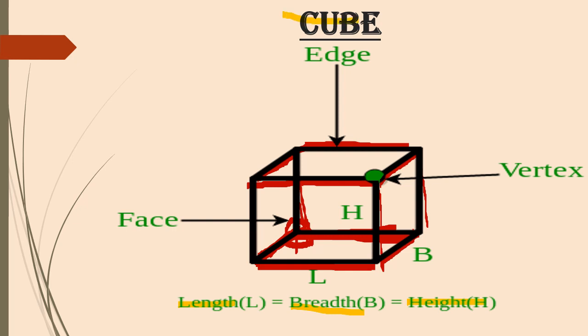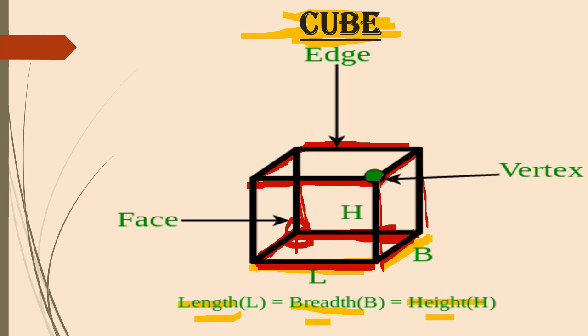But we are talking about cube. So in a cube, length, breadth, and height are equal. For example, if this is 2 centimeter, 3 centimeter, 10 centimeter, whatever, this breadth will also be 2 centimeter, 3 centimeter, and this height will also be same.